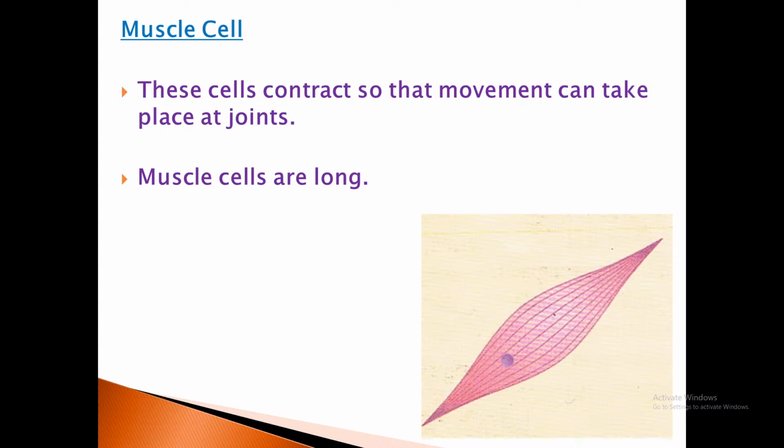You understand? The red blood cell only deal with oxygen. So what they are showing you now is that we have what is now called a muscle cell. And the main function for your muscle cell is, of course, for them to contract so that movement can occur or take place at that joint that need to be moved.